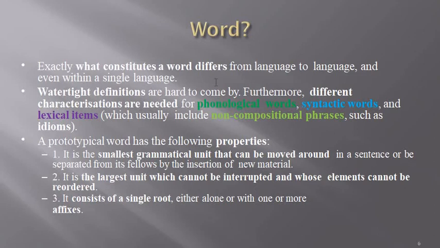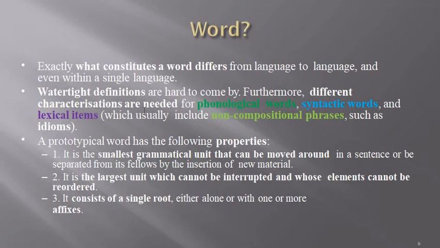When we talk about the definition of the word, exactly what constitutes a word differs from language to language and even within a single language. So there is no hard and properly defined single definition of the word. According to John Lyons, watertight definitions are hard to come by.